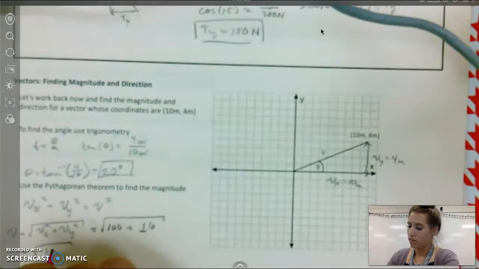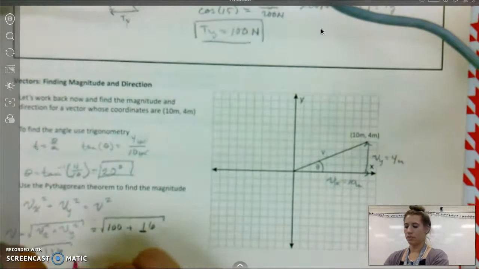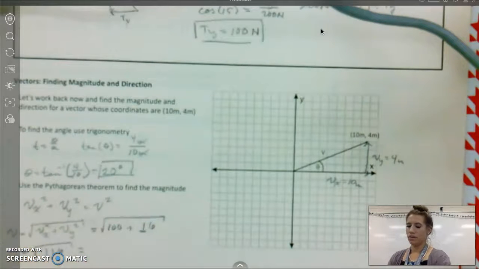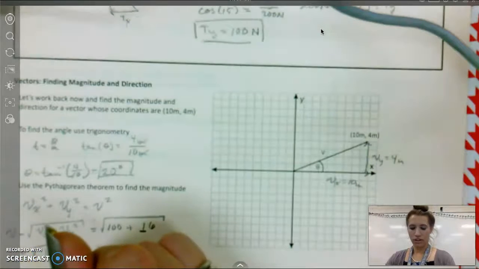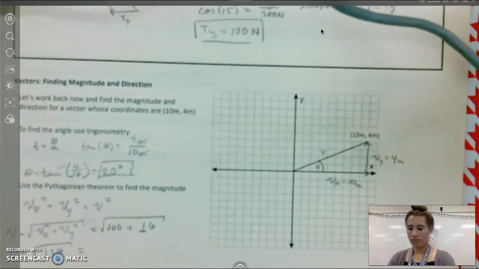So we'll have 116. Okay. And so now we'll take the square root of that. And my final answer is 10.7703.